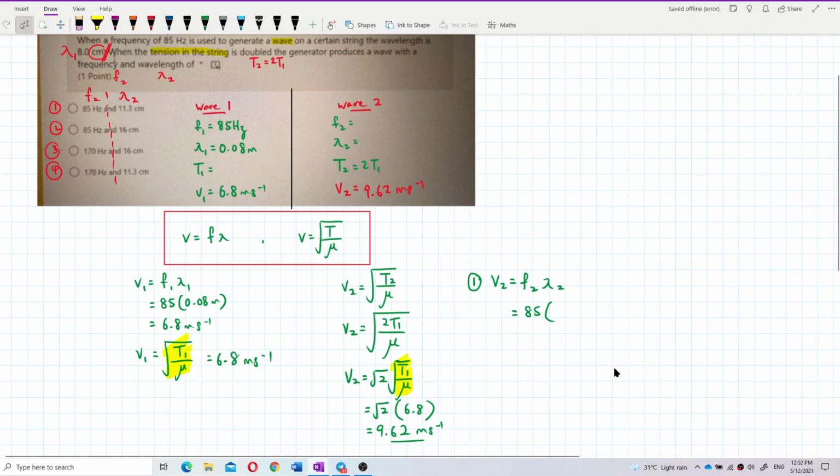So I got 0.113 meter. So multiply, I got 9.61. Oh, that's close. 9.61 meter per second. So I think the answer should be this one, the first answer.